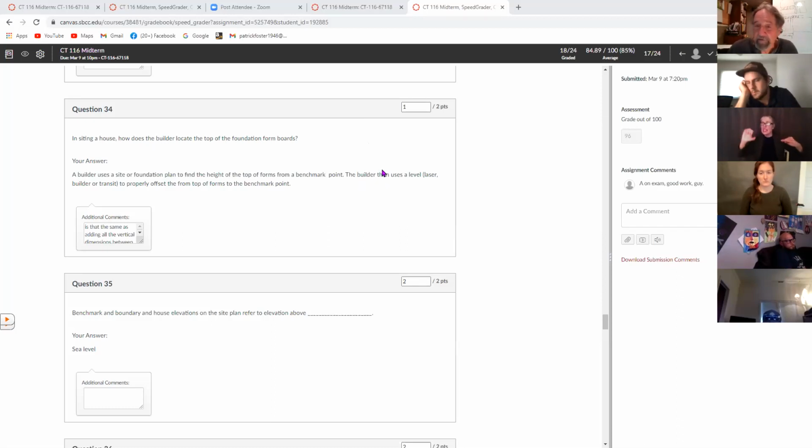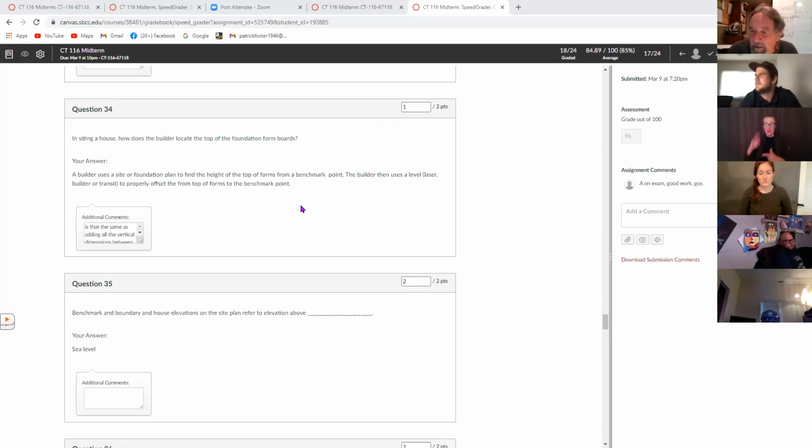So what? Now it's 270 feet above sea level. Well, how does that help? Well, then you go to the benchmark on the plan that's at 265 feet above. So then you know that top of that form is 5 feet above that benchmark.